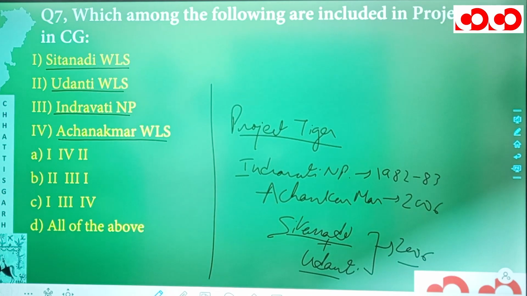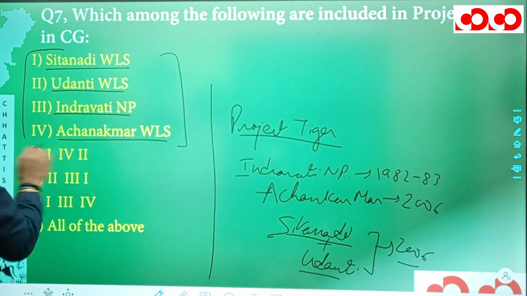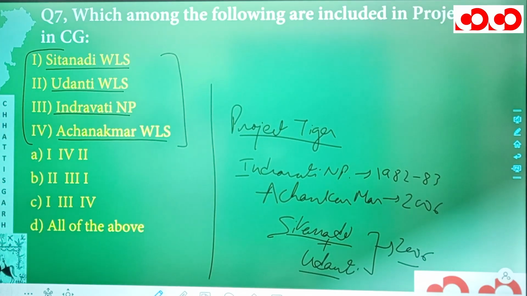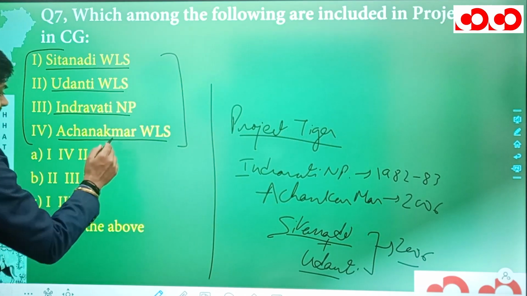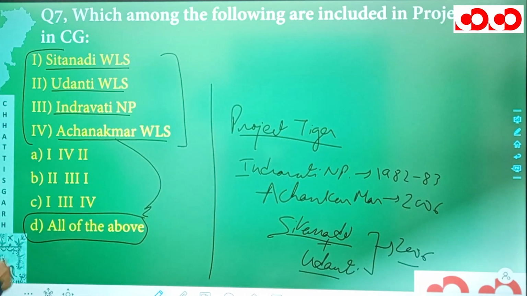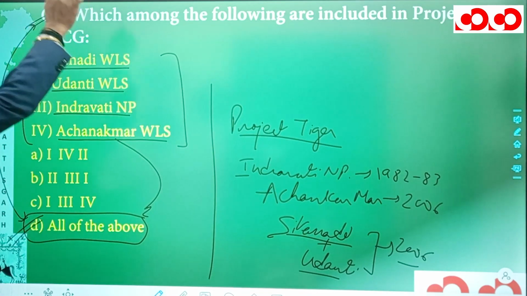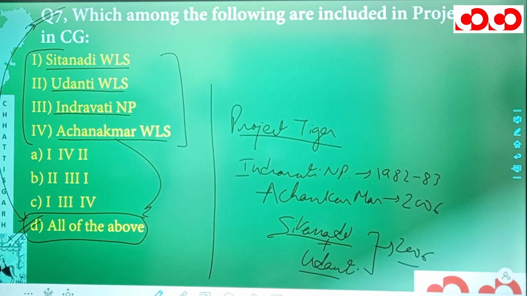So in fact all of the above are actually included in the Project Tiger from Chhattisgarh. So what has to be the correct option? The correct option has to be D, all of the above. And hence this D, all of the above, is going to be the correct answer for our seventh question.